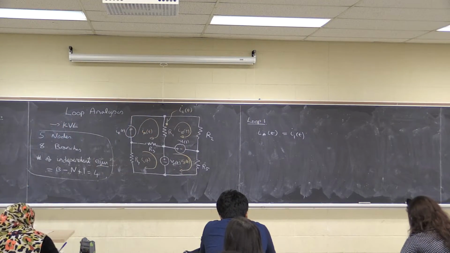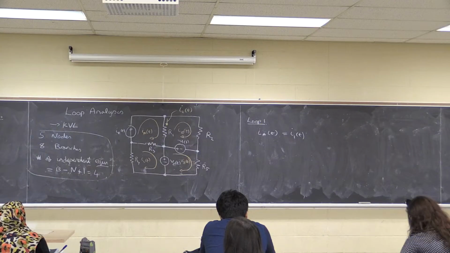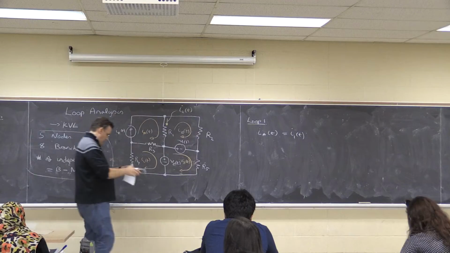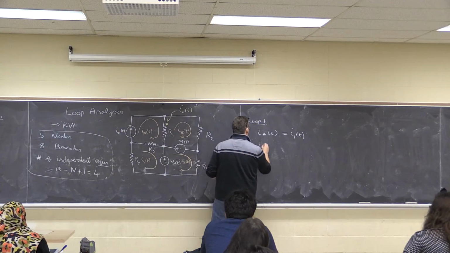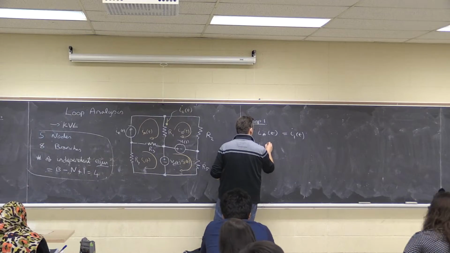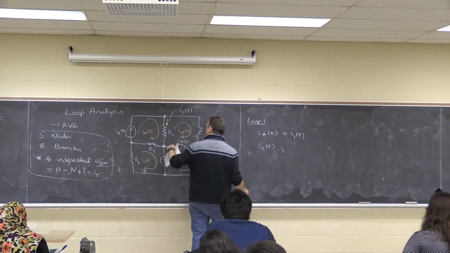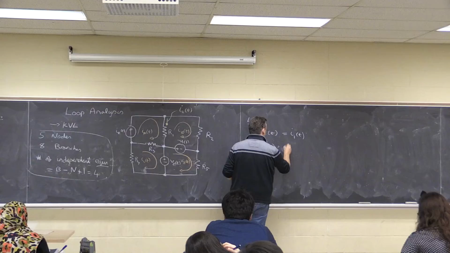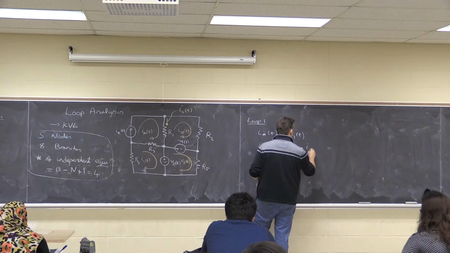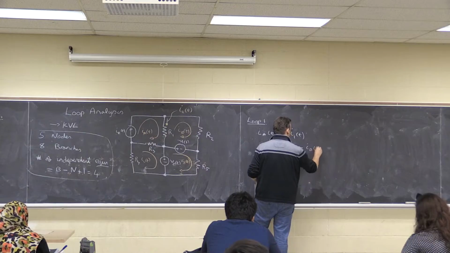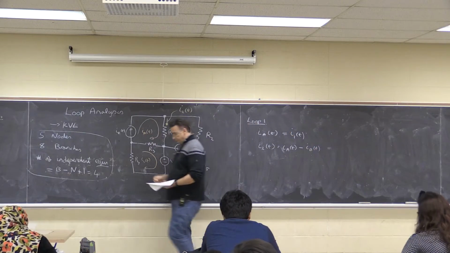So the two loop currents I've generated, one flows in the same direction, one flows in the opposite direction. So from this, I get that I of 2, the real current flowing in the loop, is going to be I of A as a function of t minus I of B as a function of t.